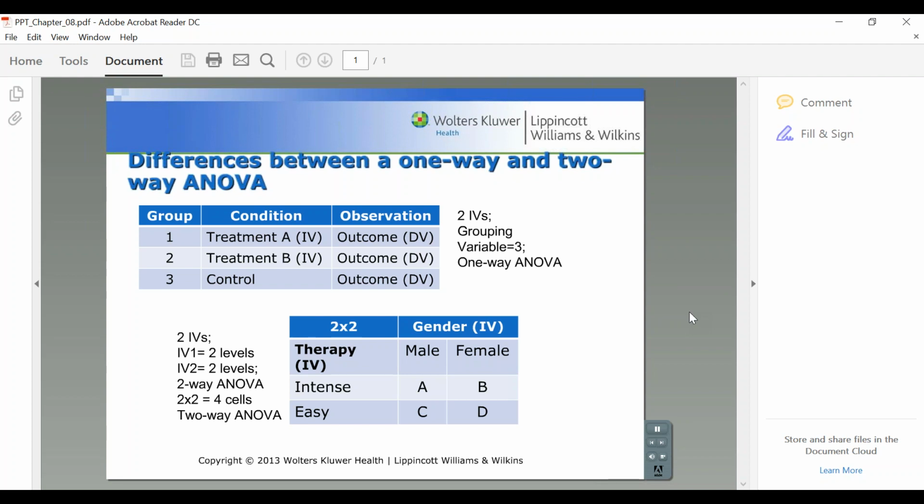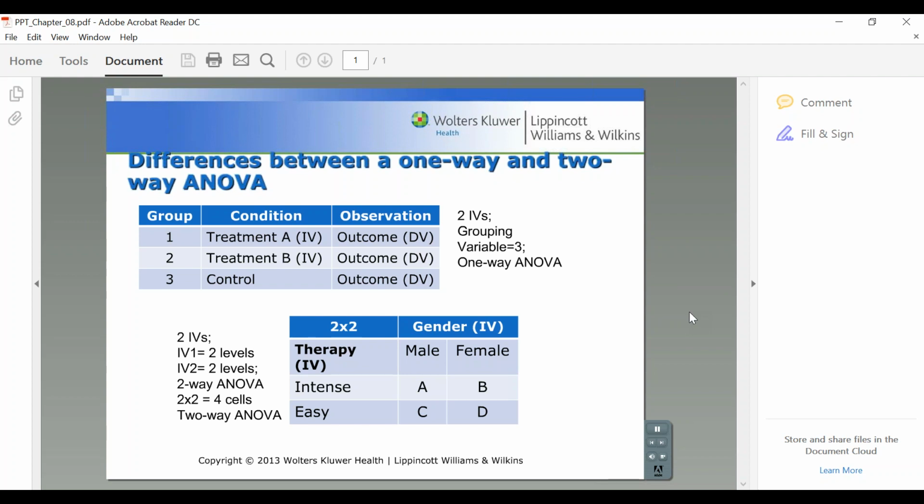Okay, so why is it 2x2? Well, because there's two independent variables, and each one of them has two levels. So if you look in the cells, and they're called cells, you would multiply essentially the 2 by 2, and you would get 4 cells, as you see here.